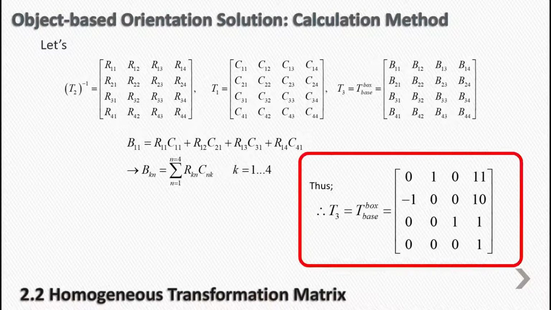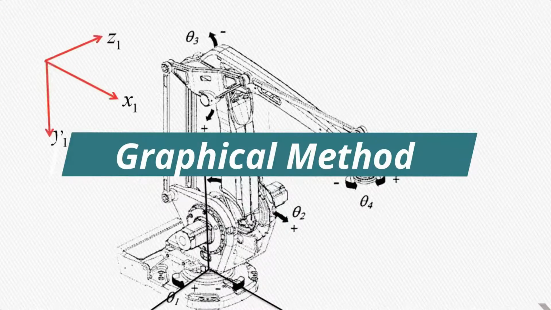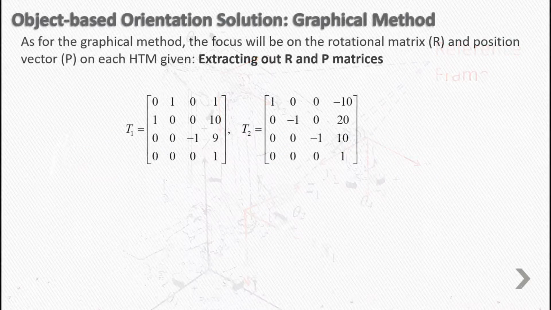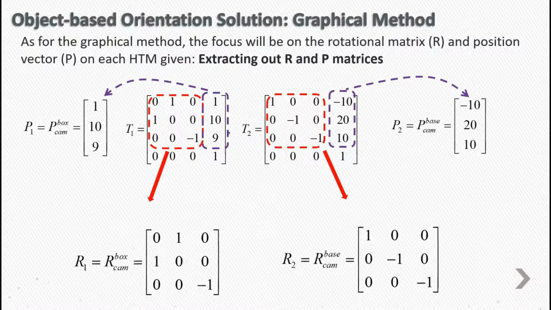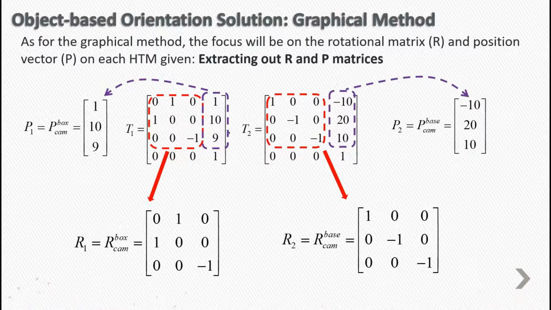So here we can already get the orientation, or the HTM, for the box based on the robot base coordinates. Okay, so how about the graphical method? In the graphical method, we need to extract the orientation matrix and the position matrix from each given HTM.